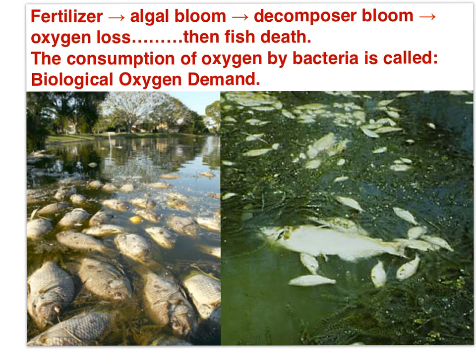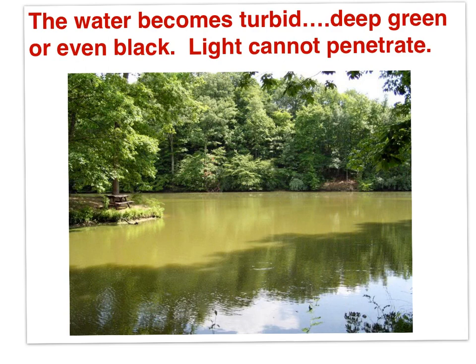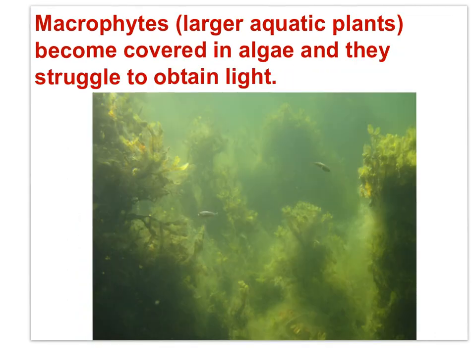And then, with the loss of oxygen, fish death. The consumption of oxygen by bacteria is called biological oxygen demand. Eutrophicated water becomes turbid, deep green, or even black. Light cannot penetrate. Macrophytes, the large aquatic plants, become covered in algae, and they struggle to obtain light.